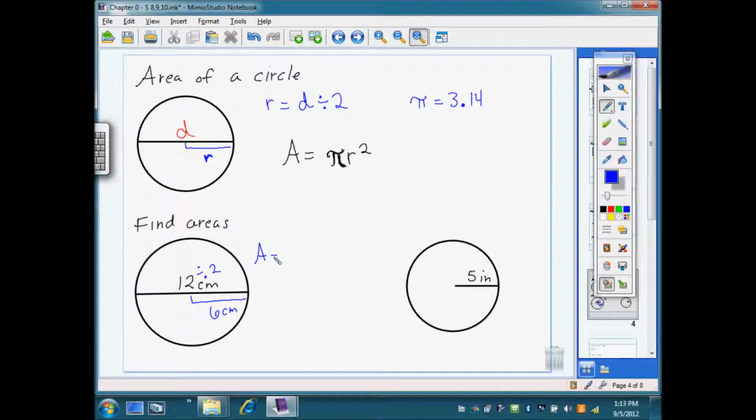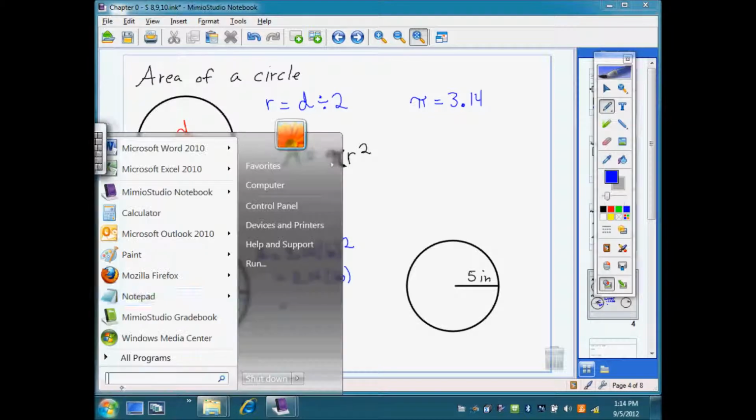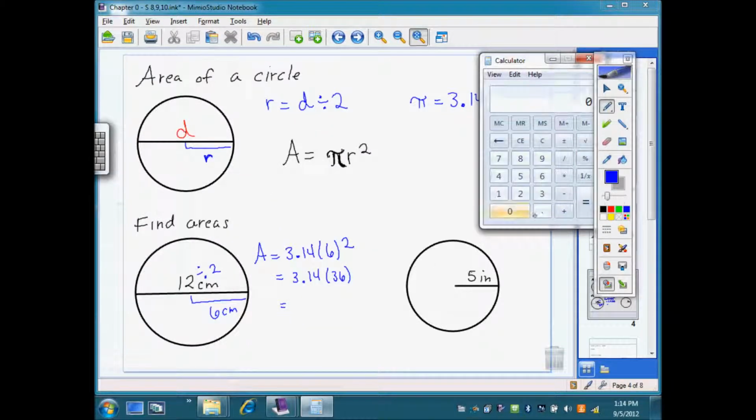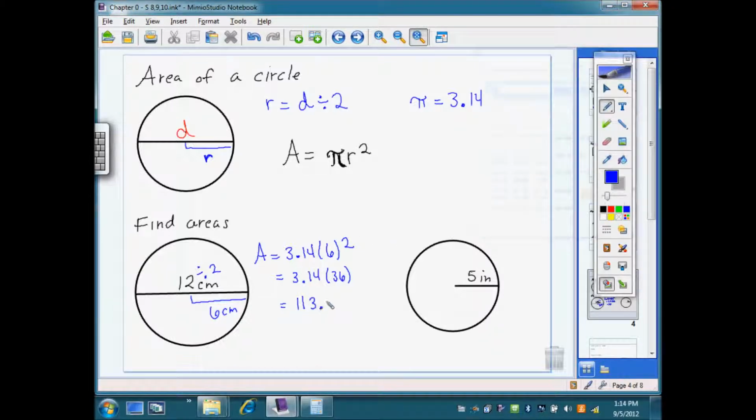So my area is going to be pi r squared, so that's 3.14 times 6 squared. That's 3.14 times 36, which is going to be 104.